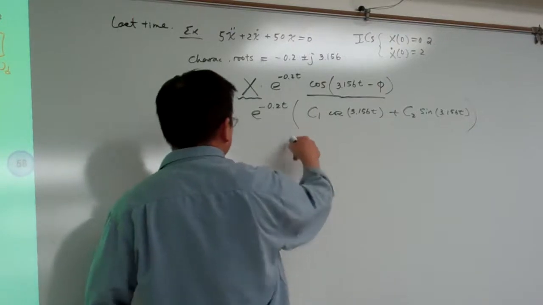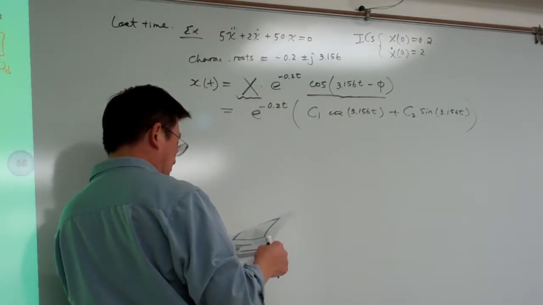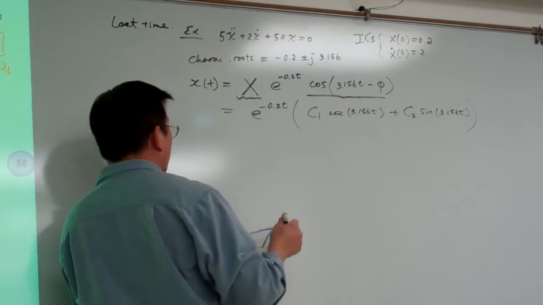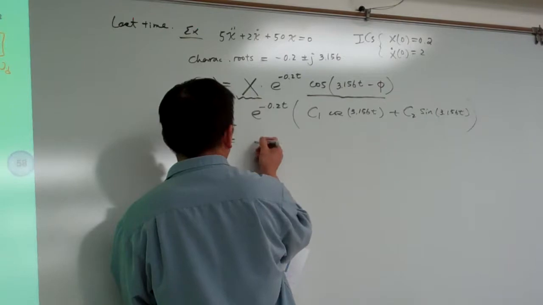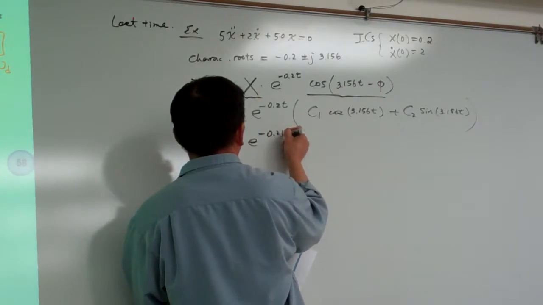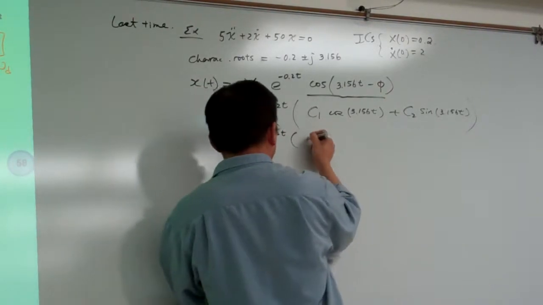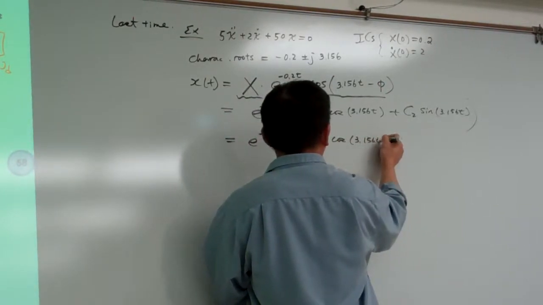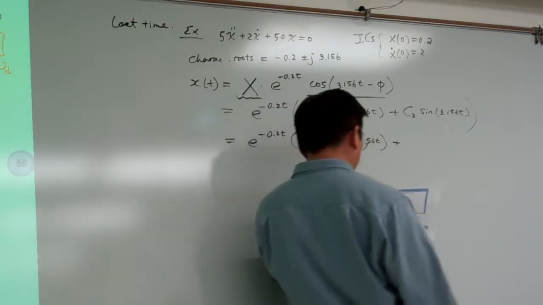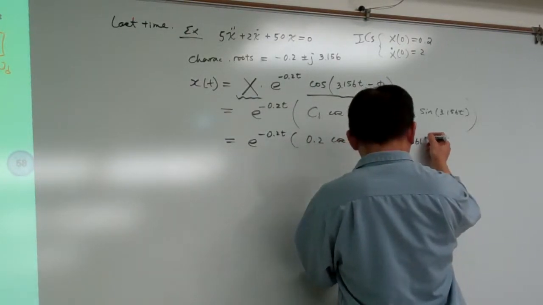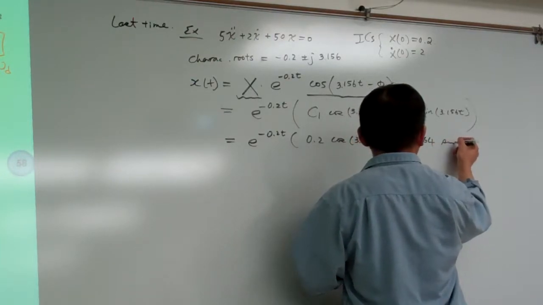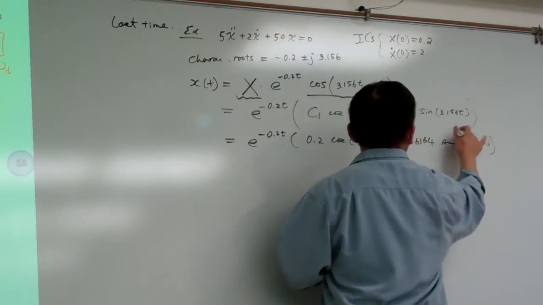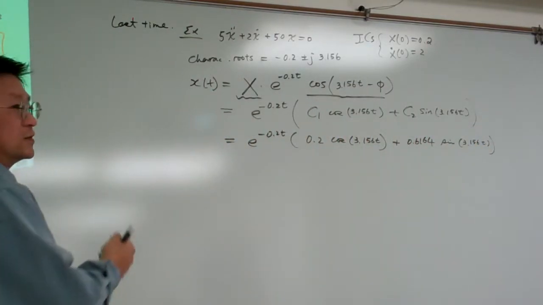Last time we solved, and not to repeat the whole calculation, C1 is 0.2, and C2 equal to 0.6164. That is what we did last time.